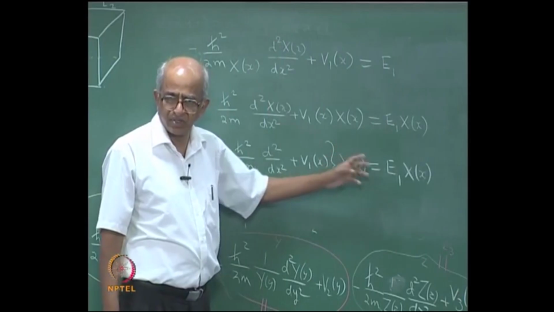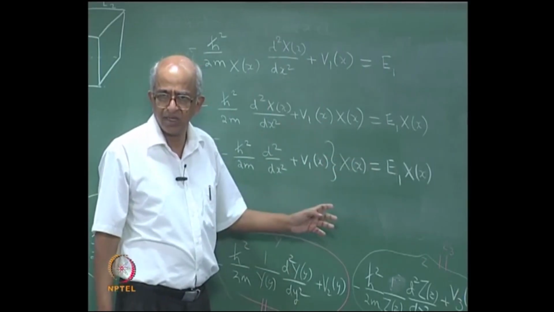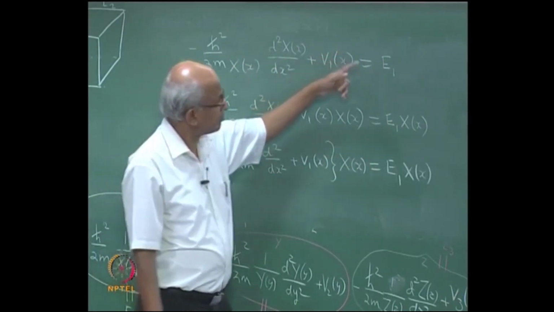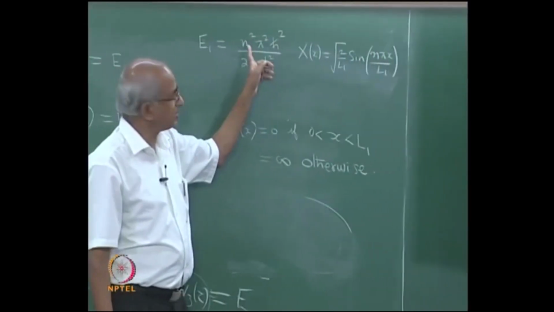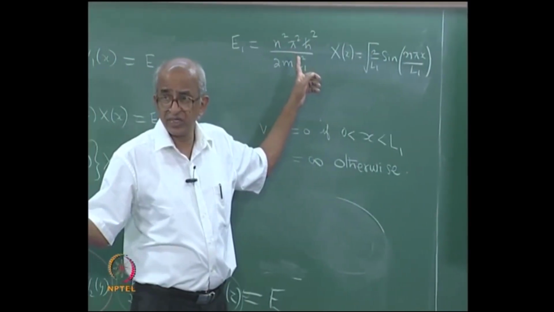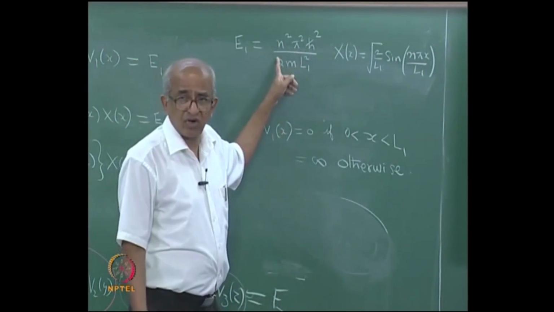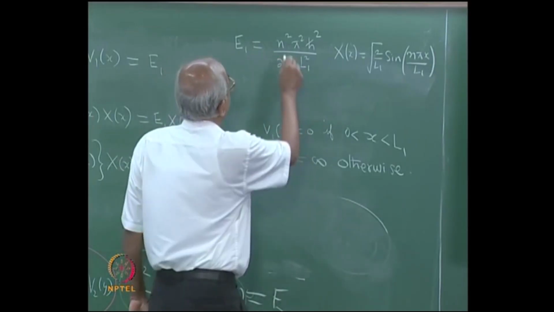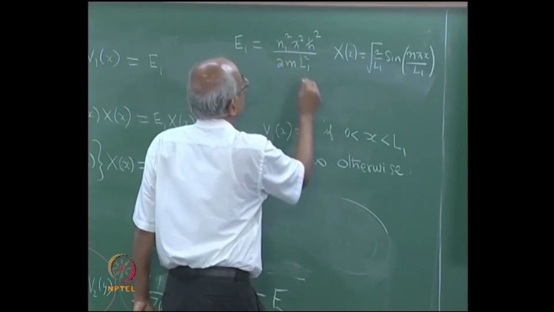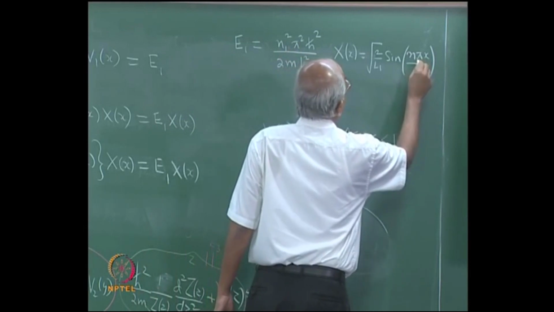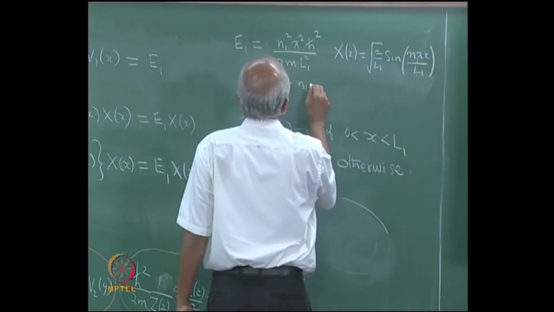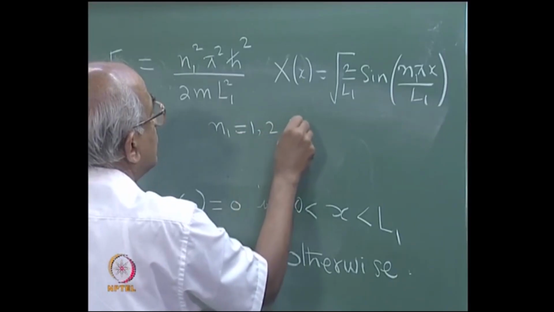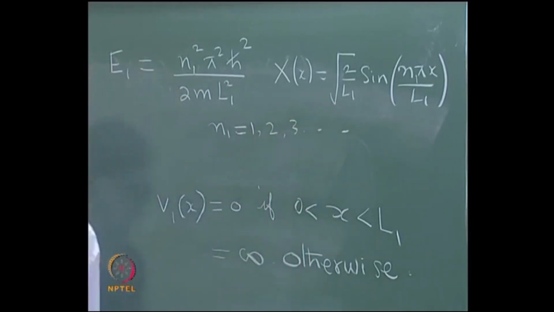Similarly, I have to worry about the second equation, the third equation. Because this quantum number has arisen out of the solution of the first equation, I will not call it n, but I will call it n1. Okay. And what about n1? n1 can take the values 1, 2, 3, 4, etc. It cannot take the value 0.